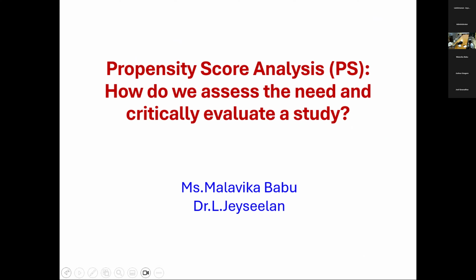There is a lot of inappropriate use of matched data with simple statistical methods. These are all concerns, and Dr. Jahnawi is going to present that part as well.